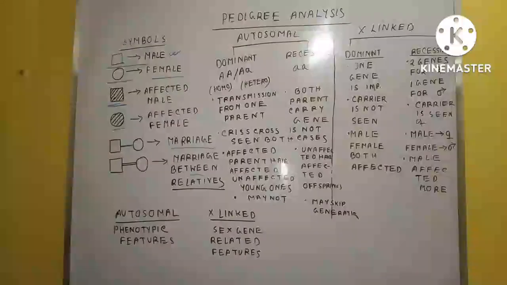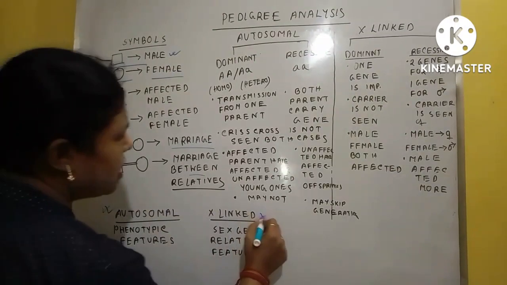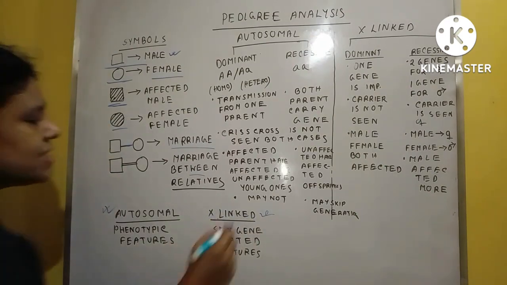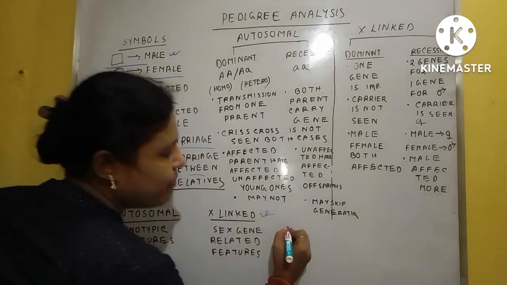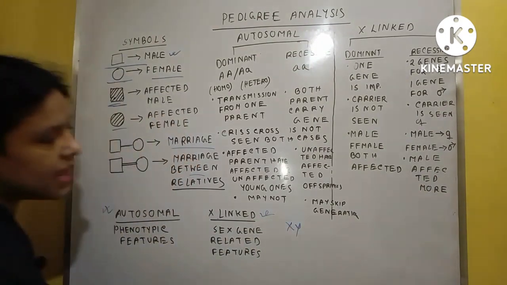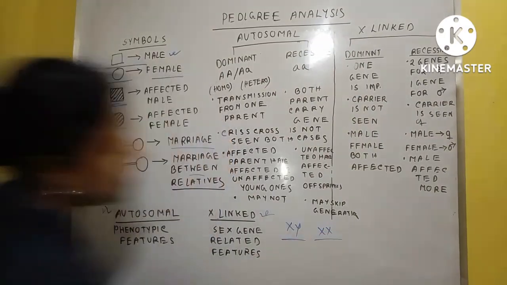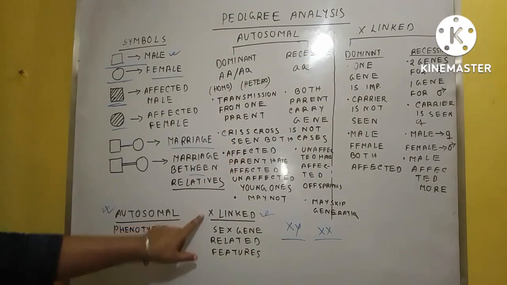Now you have to understand the two kinds of genes present. One is autosomal, another is the X-linked gene or sex-linked gene. In case of sex-linked genes, male has XY and female has XX.